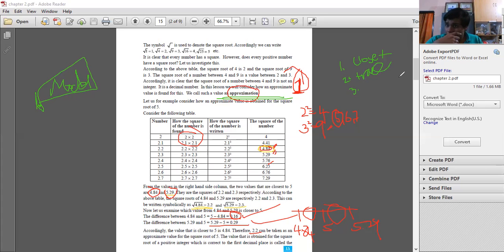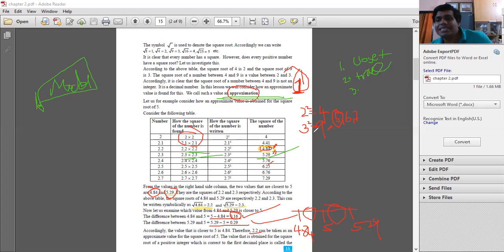So the square root of 5 falls between 2 and 3, meaning any decimal out of these: 2.1, 2.2, 2.3. So what we do is multiply it. 2.1 into 2.1 will give you 4.41. 2.2 into 2.2 will give you 4.84. 2.3 into 2.3 will give you 5.29.